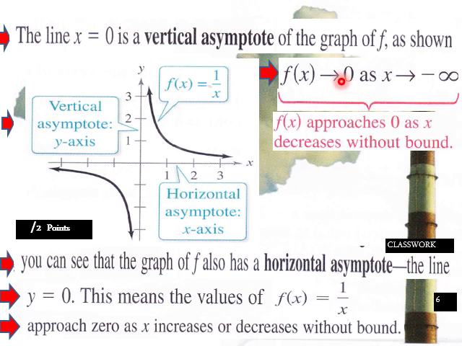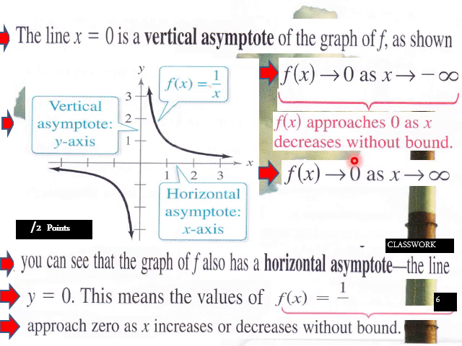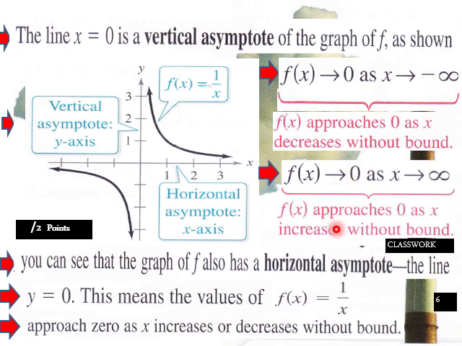As x goes to negative infinity, f of x approaches 0, as x decreases without bound, and then f of x approaches 0 as x increases without bound. So you have this dynamic here, depending upon which direction the graph approaches 0.